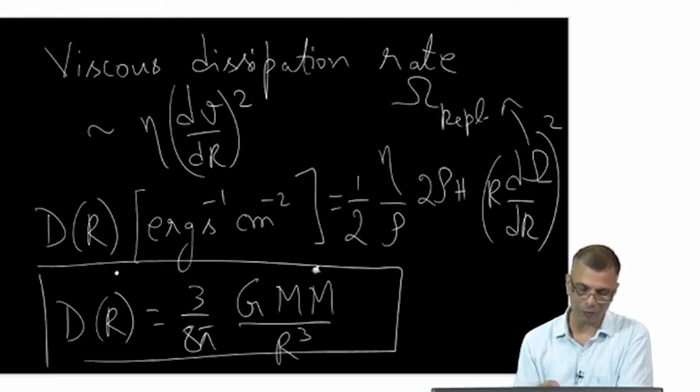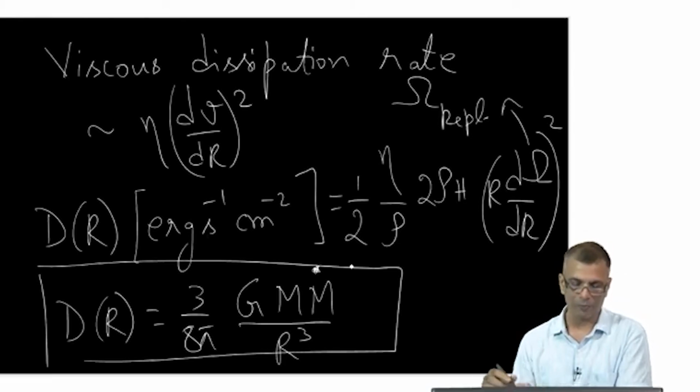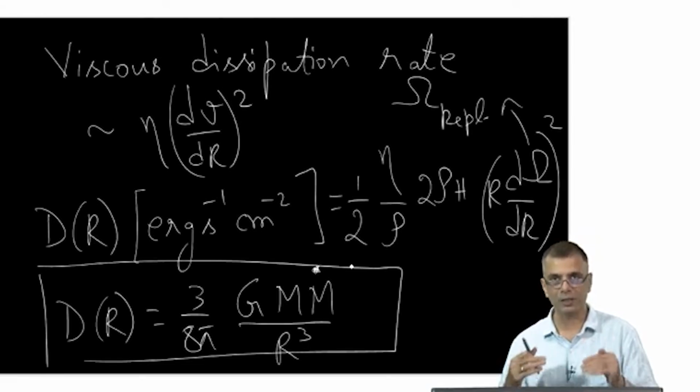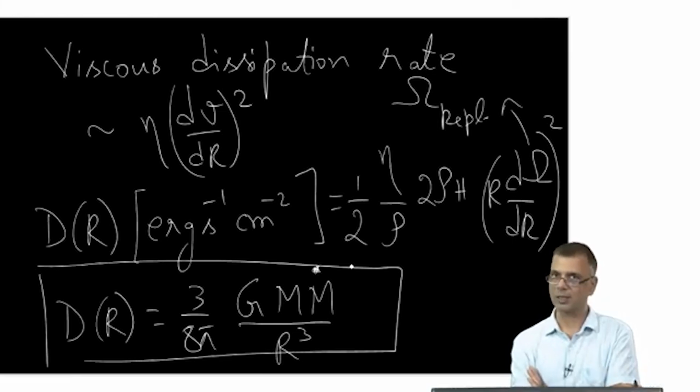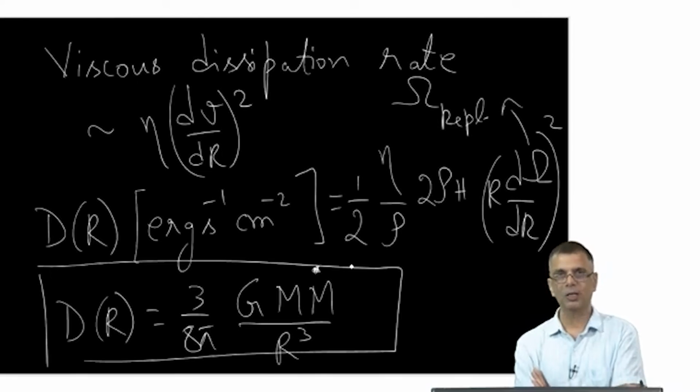This is the amount of ergs per second per centimeter square that is available via viscous dissipation, and this expression is independent of all the microphysics. It's very interesting. So this is essentially the upshot of the energy equation.